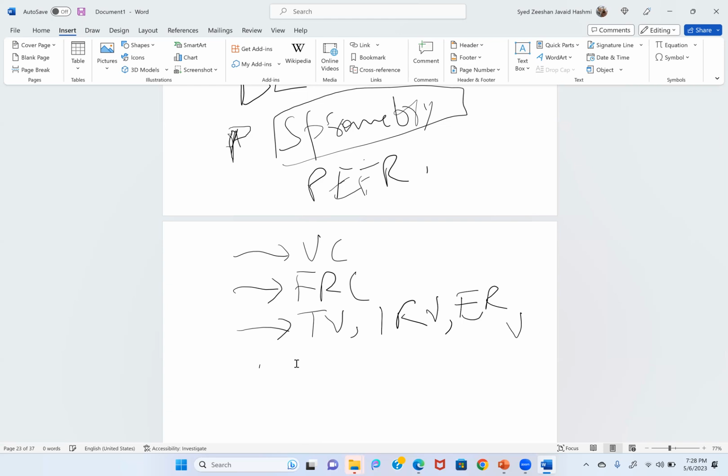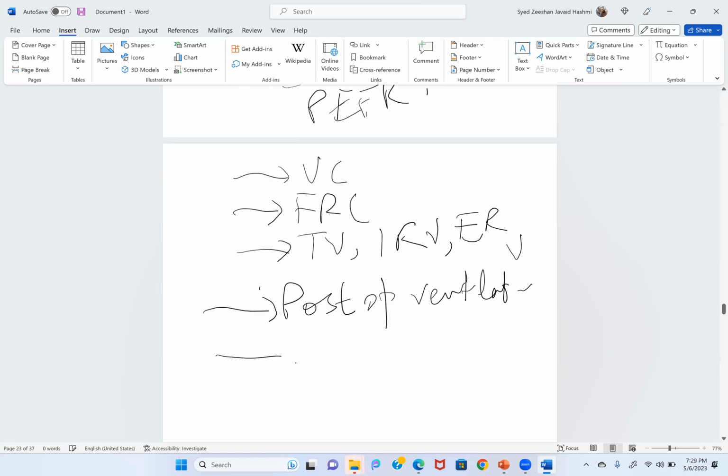For example, from the clinical end, if you have a surgery in which there is diminished pulmonary function, you will expect either post-op ventilation or post-operative respiratory problems.